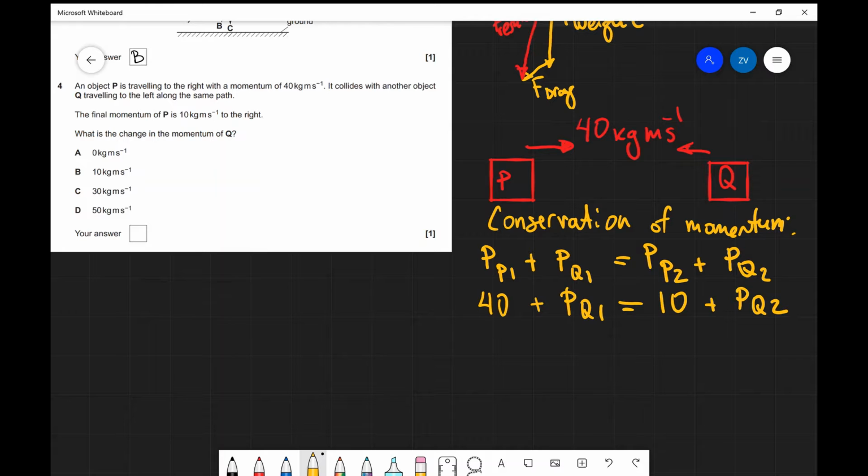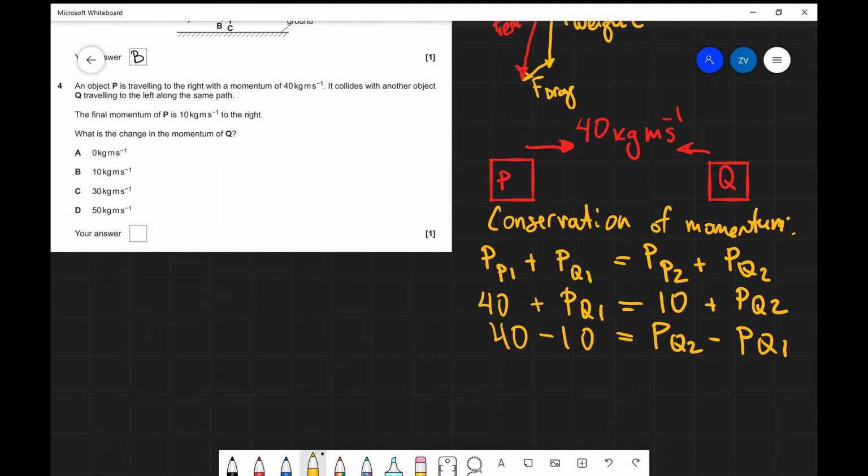Okay, well, we can already get a good estimate for the change of momentum of this object if we just do a little bit of rearranging. So I'm going to say that 40 minus 10 is going to equal Q2 minus Q1.